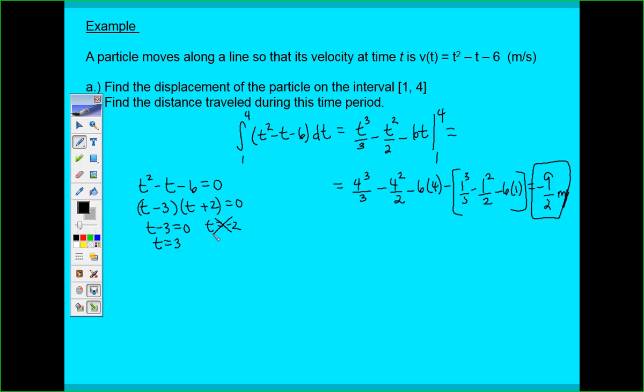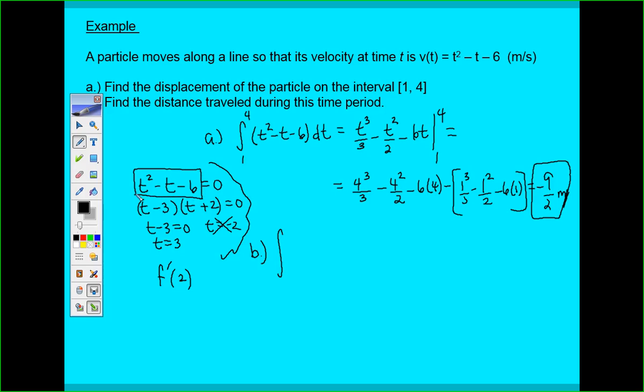So we would set up our interval to find total distance traveled. I'll label this part A, and let's say this is part B. Let's determine which interval it is traveling left or right. So if we plugged in, let's say 2, into our velocity, that tells us which direction we're going.